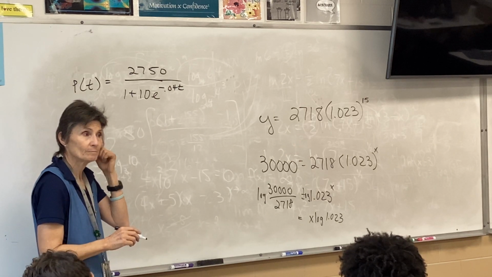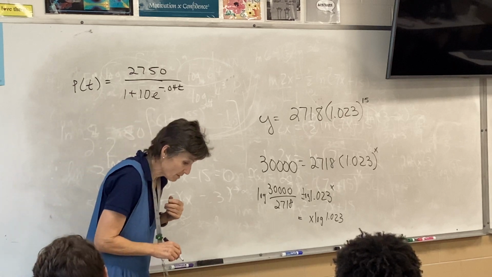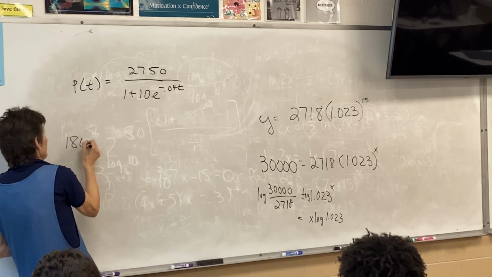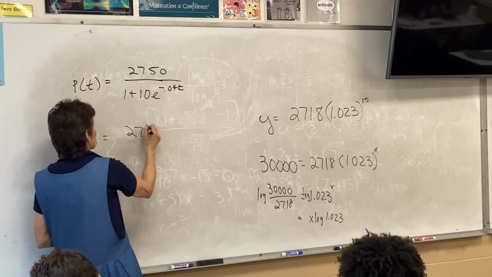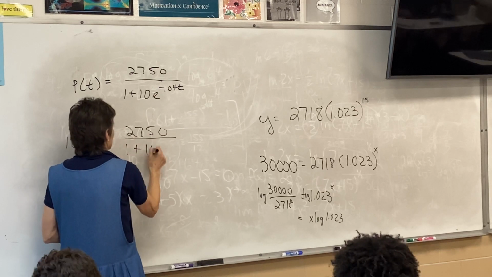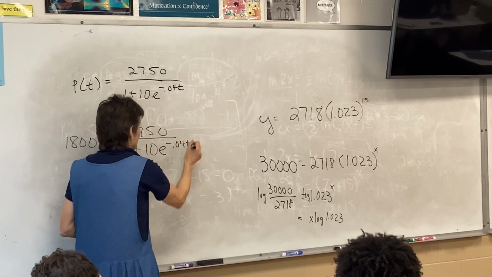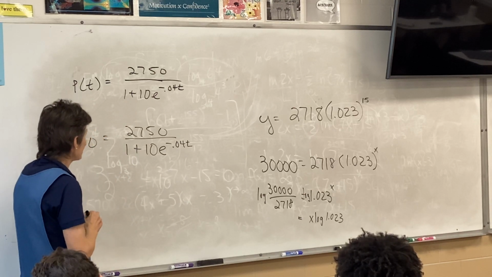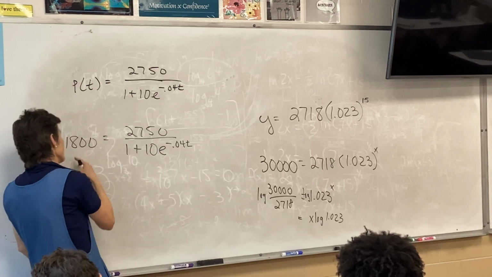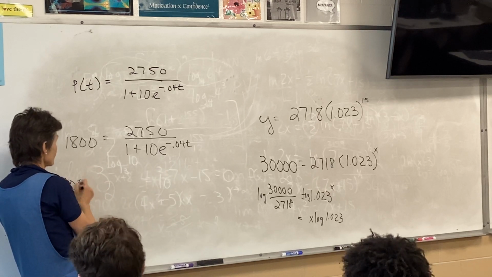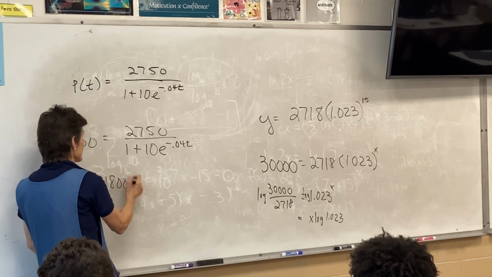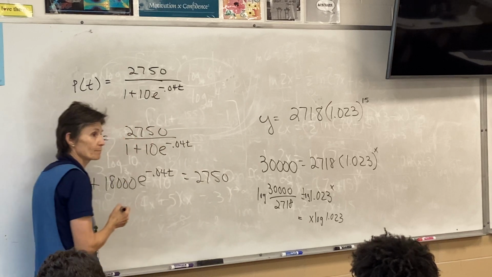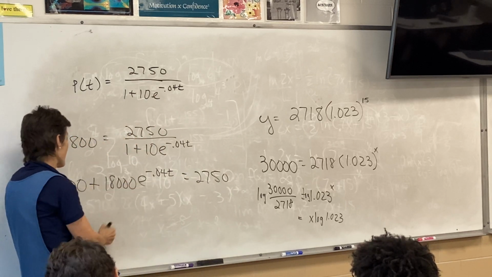Everybody okay with that? When will it reach 1800? Well, using the same equation, but now we're putting the 1800 over here. We solved that. Multiply it over, so 1800 plus 18,000 e to the negative 0.04 t equals 2750. Subtract the 1800.